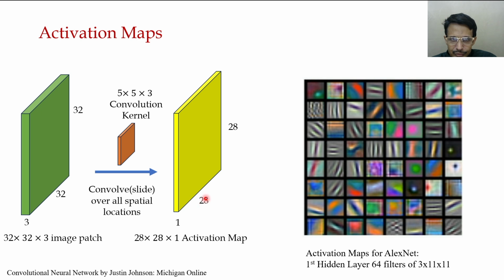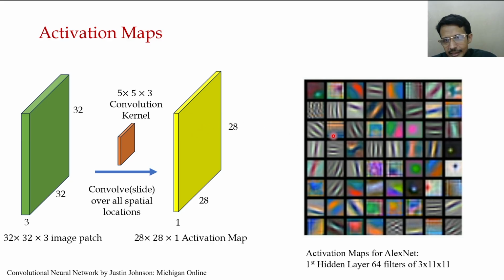That will generate this activation map, which finds, for a particular patch, whether a horizontal line exists or not at different positions, and that will generate a map.